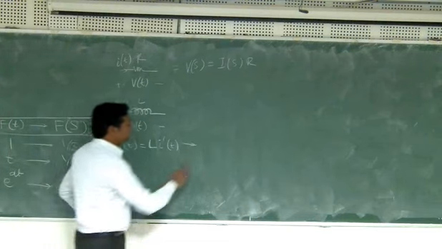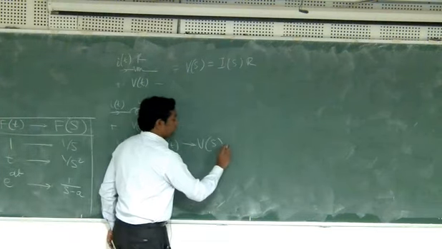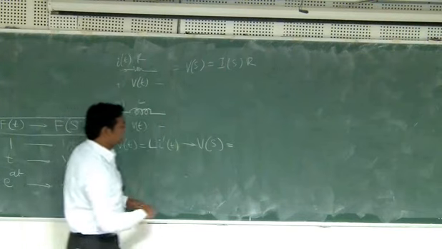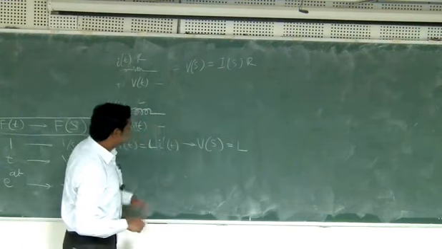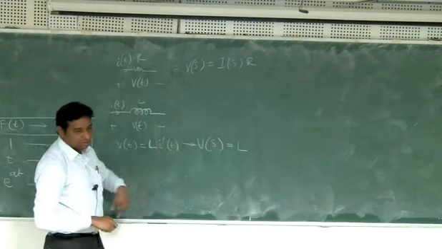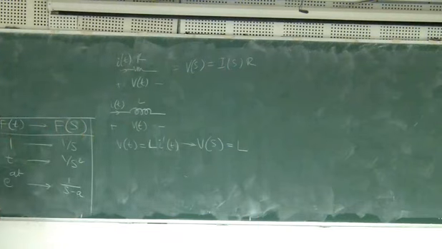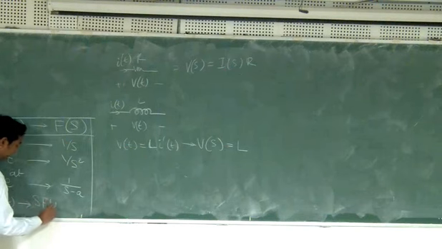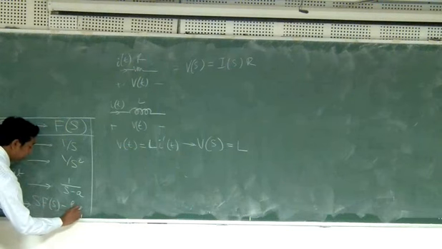So V of t will become V of s equal to, and L will remain L because it's a constant. Now the Laplace transform of I dash t. So maybe last time we saw, if I have f dash of t, then the Laplace transform will be s into f of s minus f of 0.